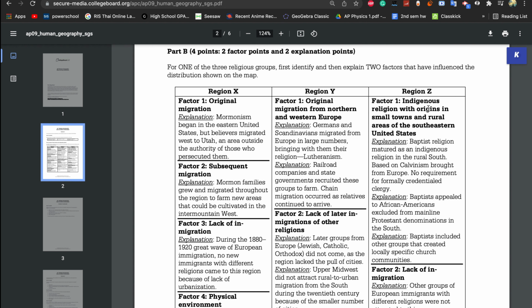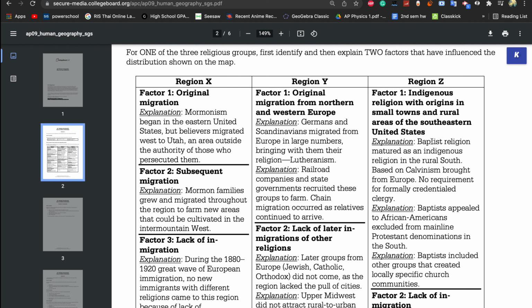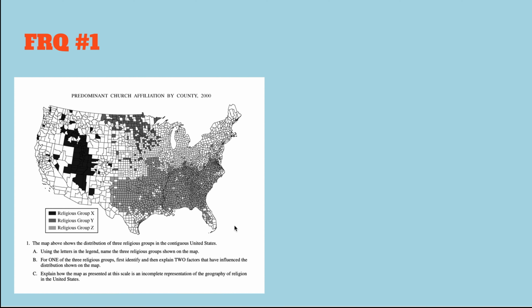You could also talk about the indigenous religions and how the Baptist religion matured as an indigenous religion in the South, which was based on Calvinism. So it appealed to African Americans, and African Americans dominate the South, Georgia, etc., this region.